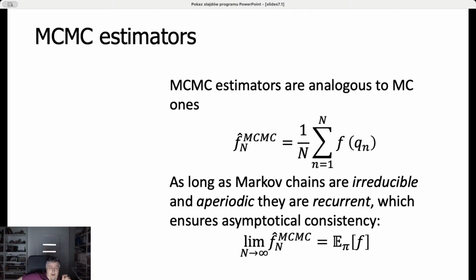And moreover, we do not need complicated quantile functions, which are not computable in most cases, and we do not have other problems with sampling directly from the distribution, which is generally not possible. The only thing that we want is that our Markov chain would have a stationary distribution that is exactly the one that we want to analyze.